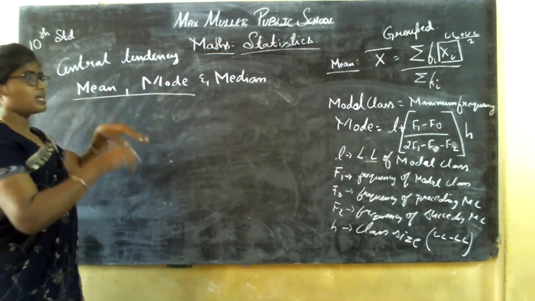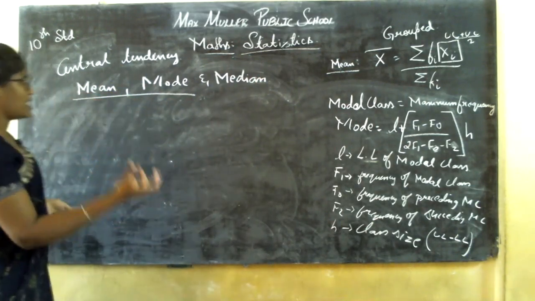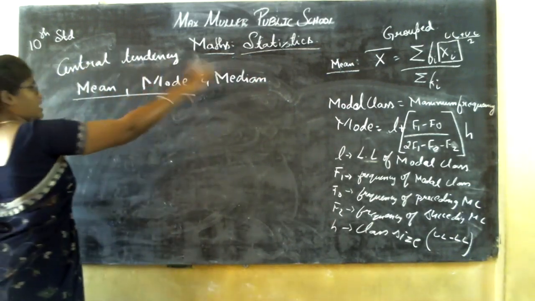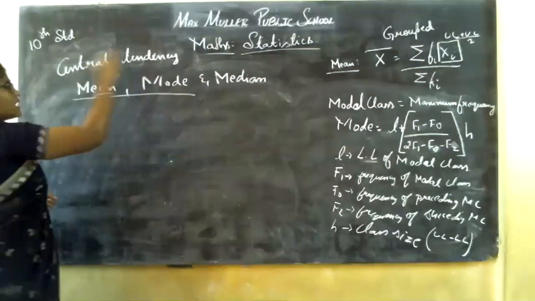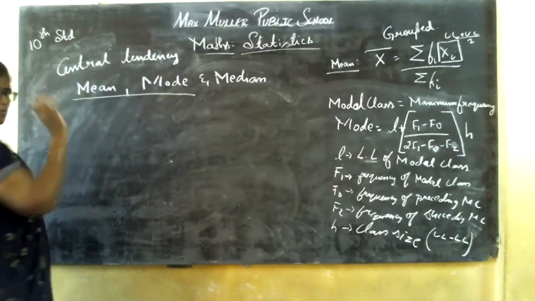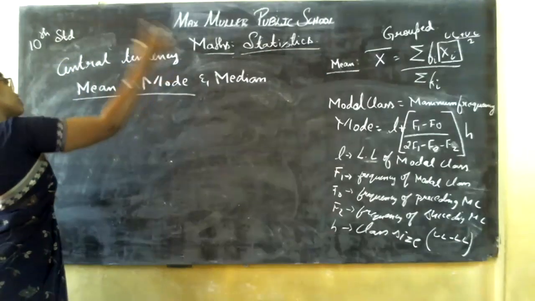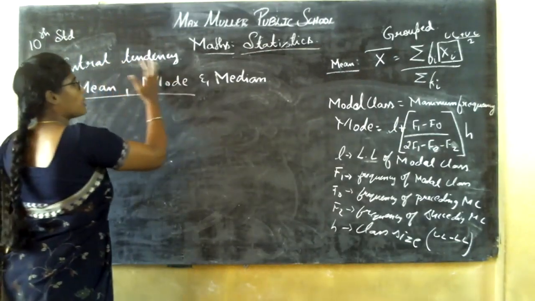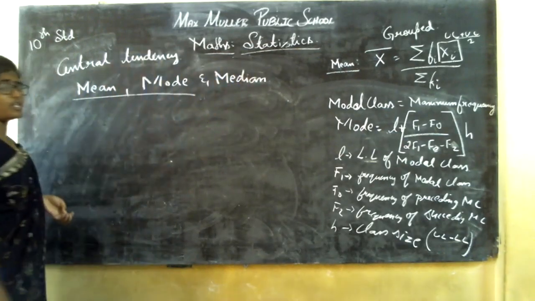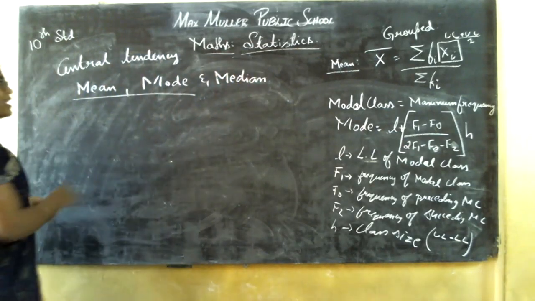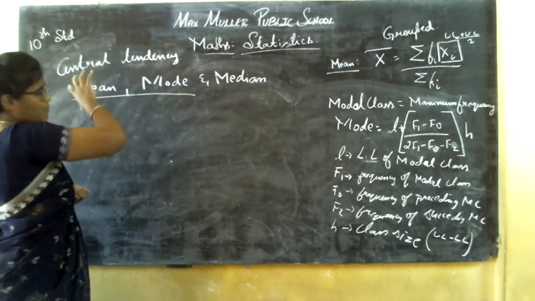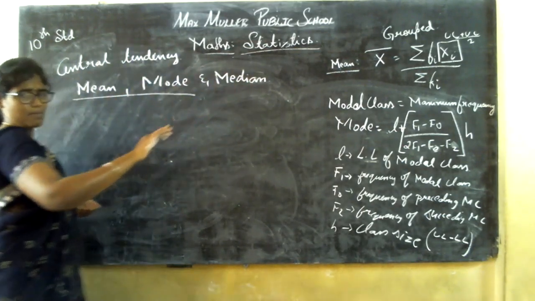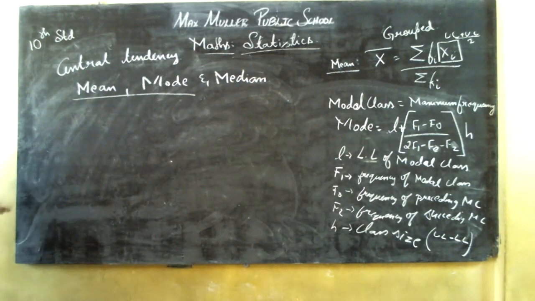Now if they mention central tendency, you should find all the three. Or if they name only mean and mode, then you should find only mean and mode. The 3 M's are central tendency.